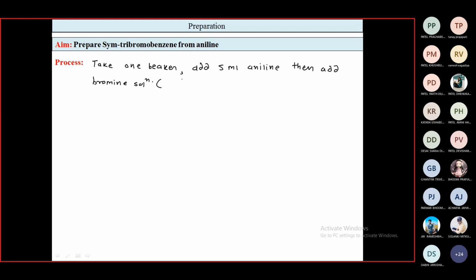This bromine solution is nothing but Br2 in glacial acetic acid.